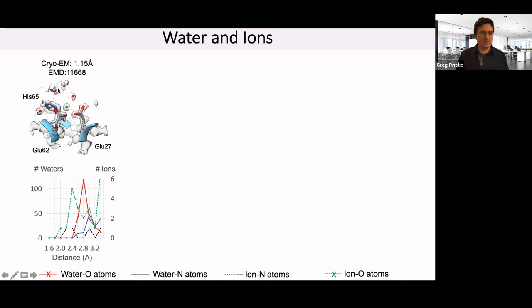And then some other blobs around it were placed as waters, because, again, they were probably within a range like 2.8 angstroms away from such polar or charged atoms, which tends to be more water.